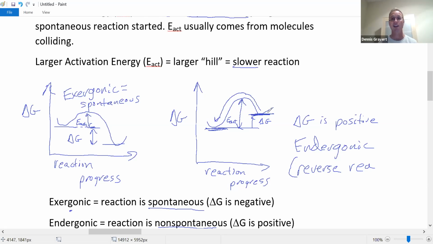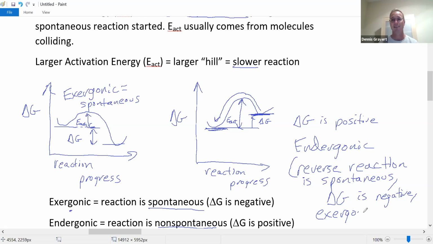You started high on the product side, you end low on the reactants if you're going backwards. That is now spontaneous. Delta G is negative, and now if delta G is negative, you can use the term exergonic. It's an exergonic reaction.